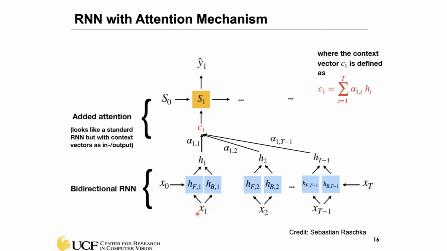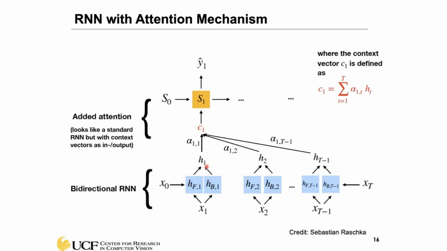Okay. So in this case, in the forward path, we have a hidden state, hidden embedding H, and in the backward path, we also have an HB here. Then we can simply combine or concatenate them together to form this embedding H1. Okay, so here we can do this for the other inputs.